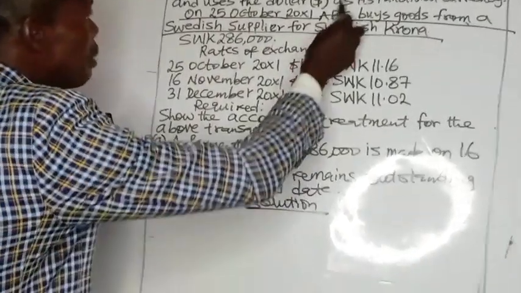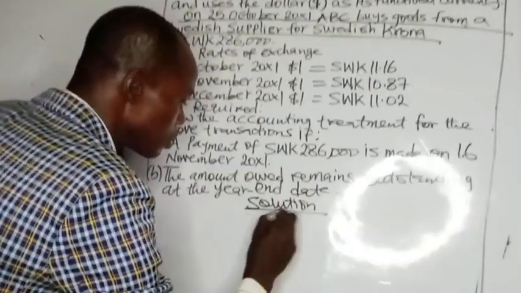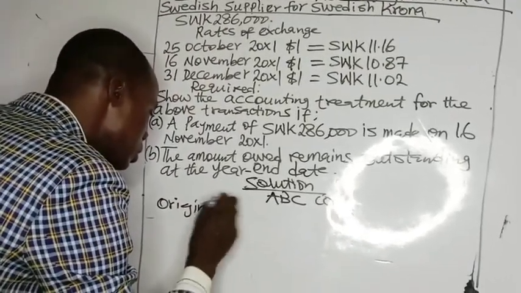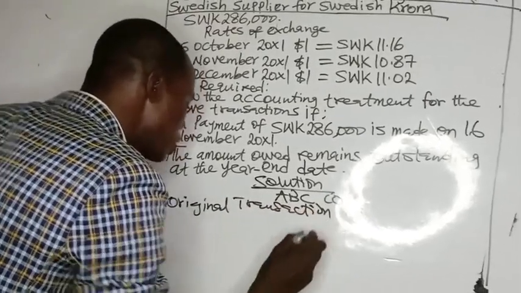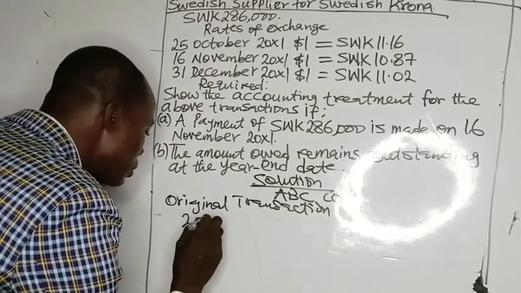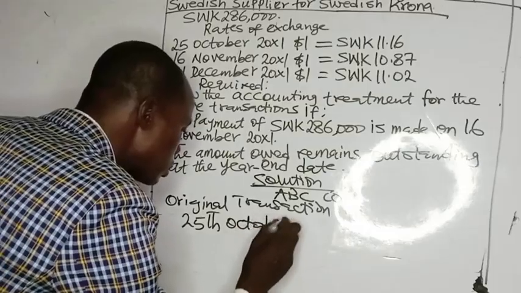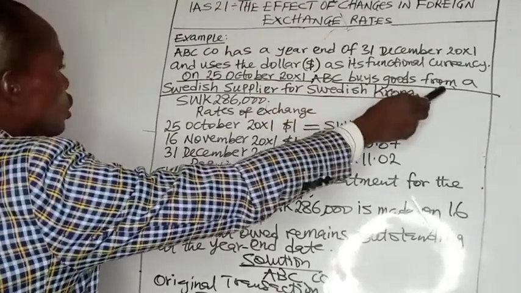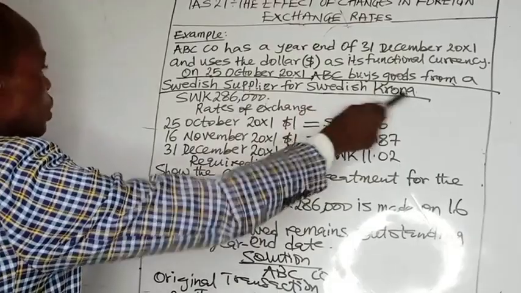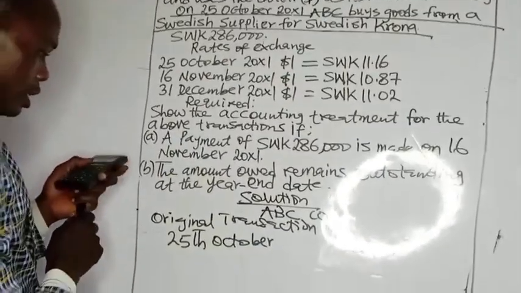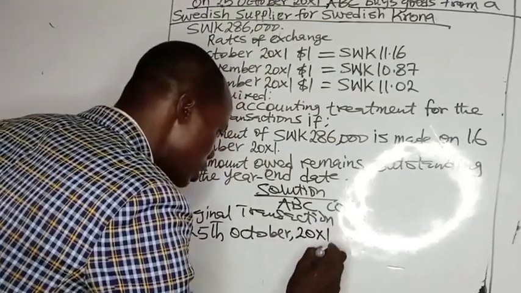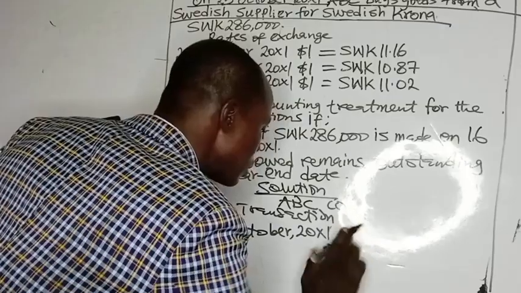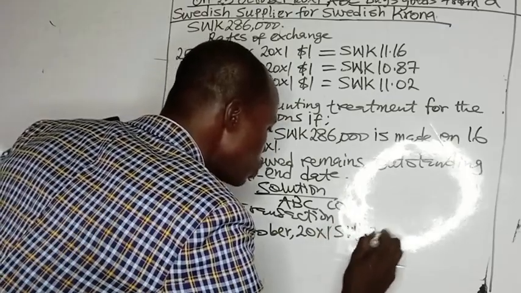ABC is the name of the entity, ABC Co. So the original transaction, which occurs on the 25th of October 20X1: ABC buys goods from a Swedish supplier for Swedish krona, 26,000 krona.